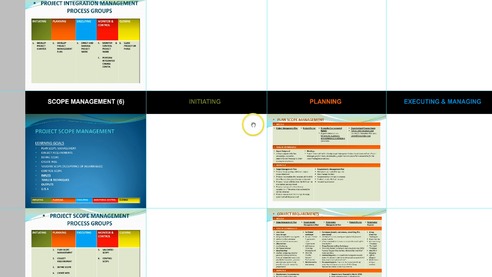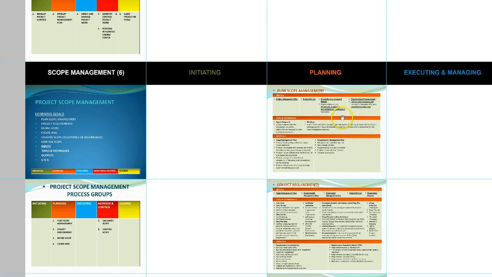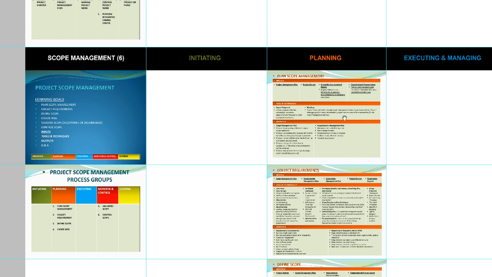Now you should know that plan scope management lies in the scope management knowledge area. The next question they can ask is, what process is followed by plan scope management? Or the project manager has finished managing the scope plan, what is he going to do next?